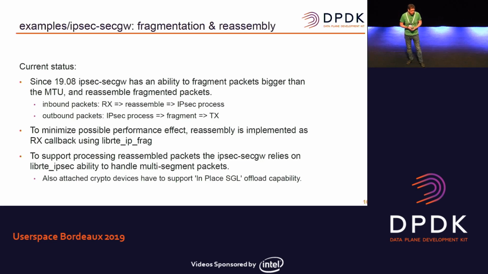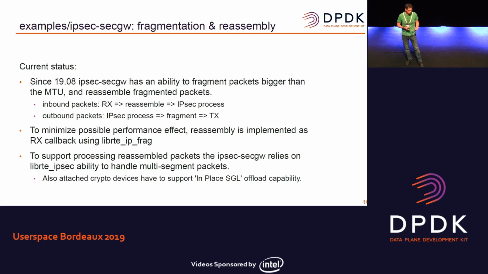This will create a scatter-gather list of the reassembled packet. Then for that reassembled packet, the IPsec library will do the processing, as long as the crypto devices utilized can handle the scatter-gather list.